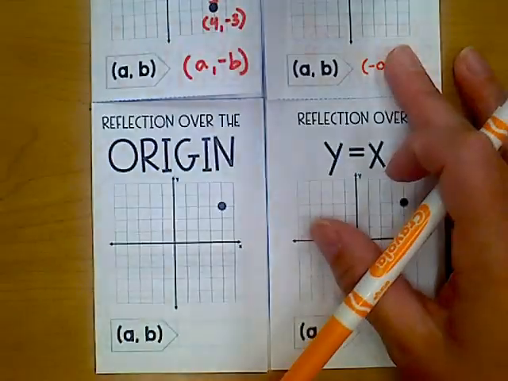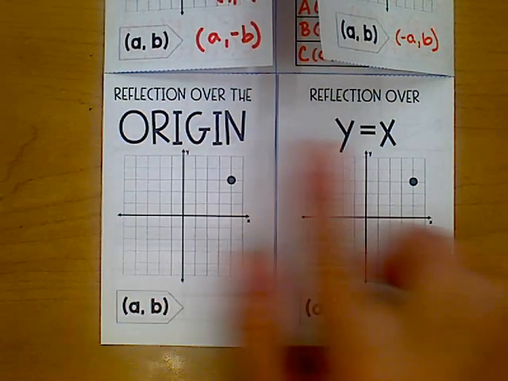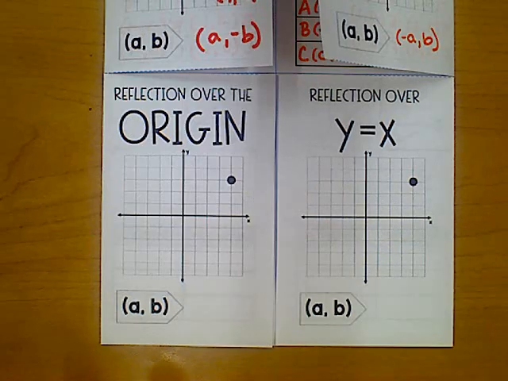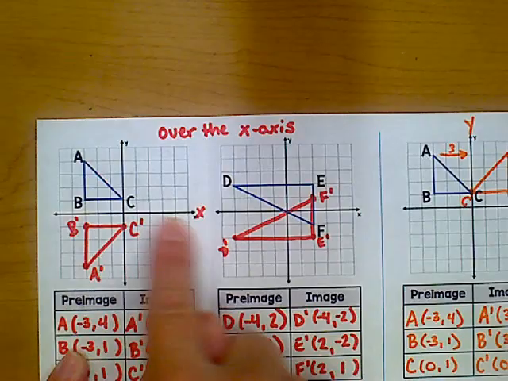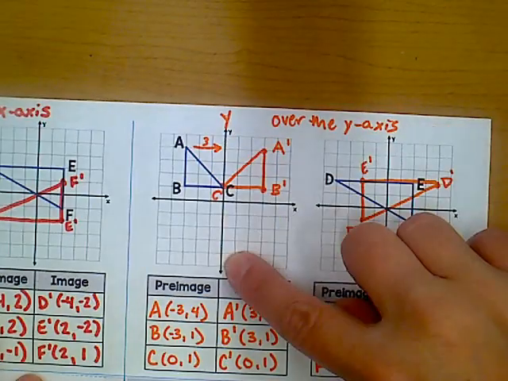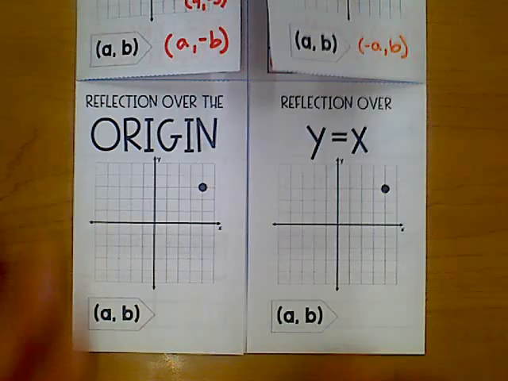Okay, now we're going to talk about the origin. Our origin and reflection over x = y are a little bit different because there's not a set line right on the graph. For these first examples, we knew we were reflecting over this line or that line. For this next one, it's more about our reference point.